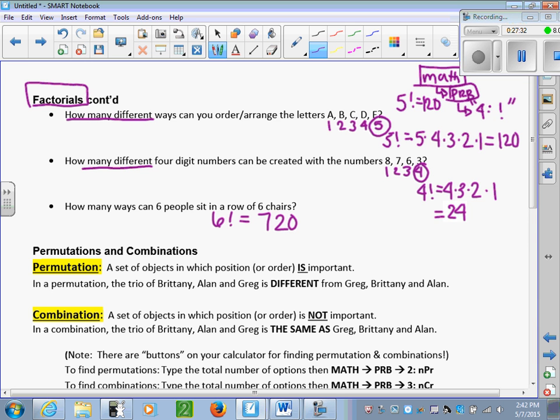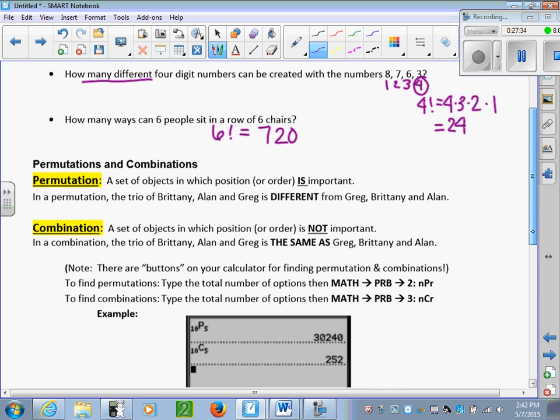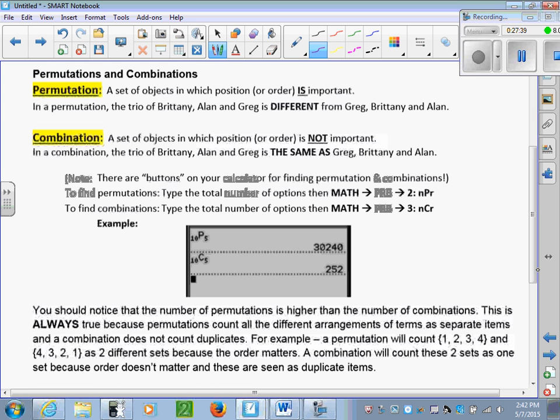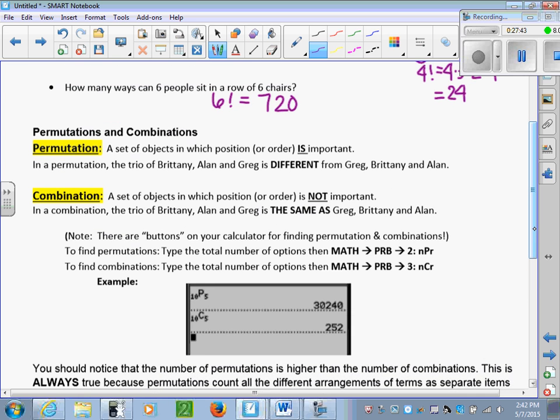All right, the last 2 concepts we can talk about this year are permutations and combinations. Okay, the way I remember a permutation is you're taking a set of objects, and you want to know how many different ways they can be arranged. Permutations is when order matters.